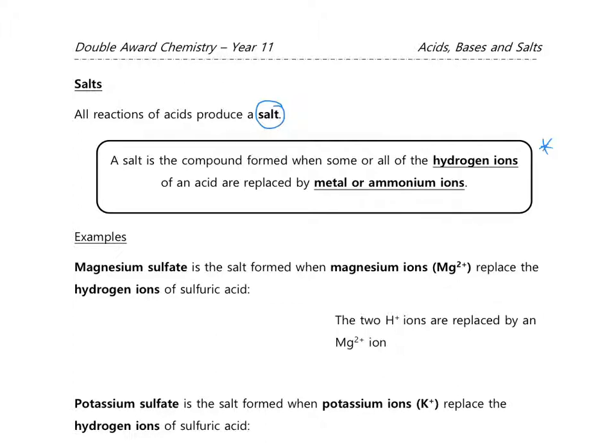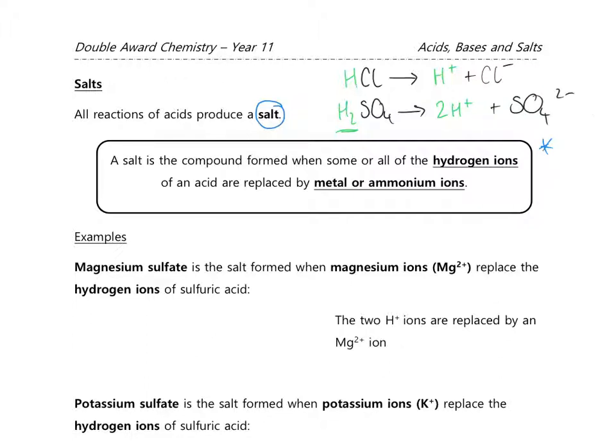So remember we talked about how in the last video all acids dissolve in water to give you H+ ions. So we looked at hydrochloric acid dissolving in water to give you H+ and your chloride ion. We talked about sulfuric acid dissolving in water to give you 2 hydrogen ions because it's H2, and your sulfate anion.